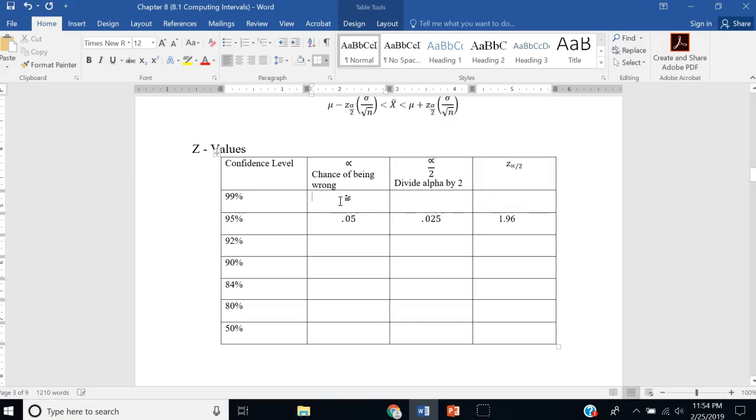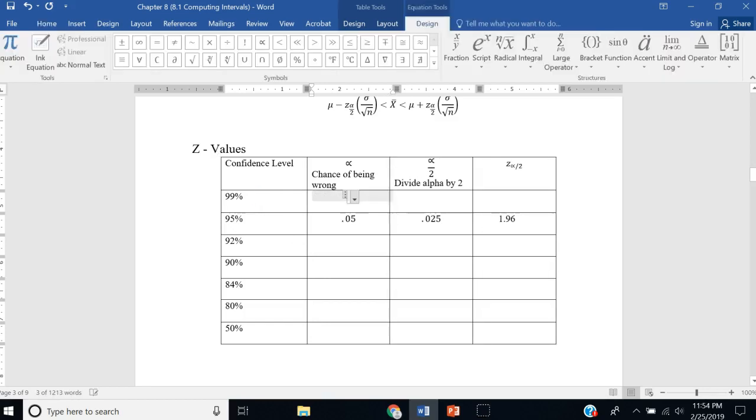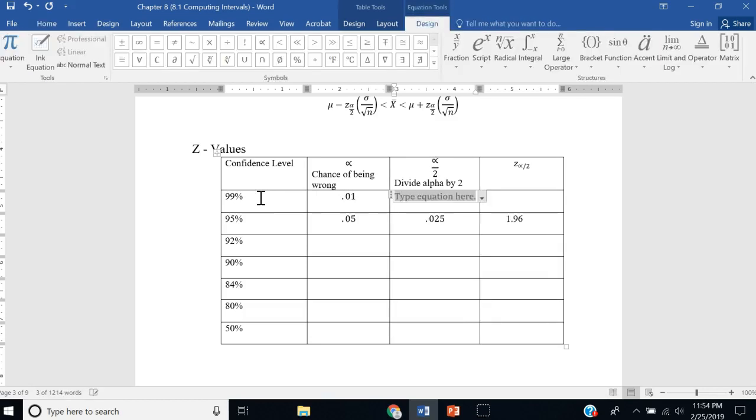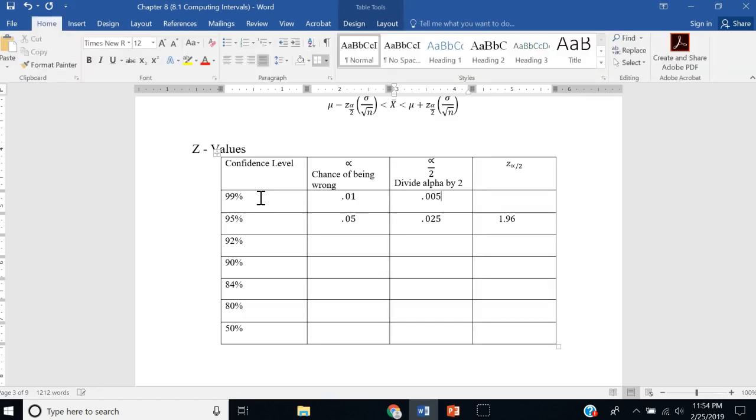Let me do one more just so that we can get this understanding. If I'm 99% sure that I am right, I have a 0.01 chance of being wrong. That means each of the two tails will be of size 0.005. When I take inverse normal of 0.005, comma 0, comma 1, you get a negative 2.58.